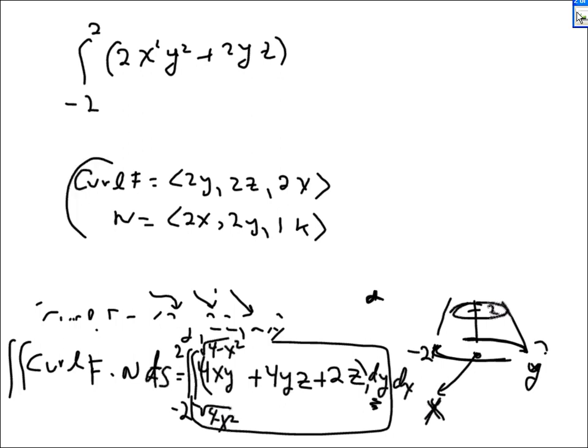So when you dot these, you should get 4xy plus 4yz plus 2x. Somehow down here, I put 2z. It's 2x.